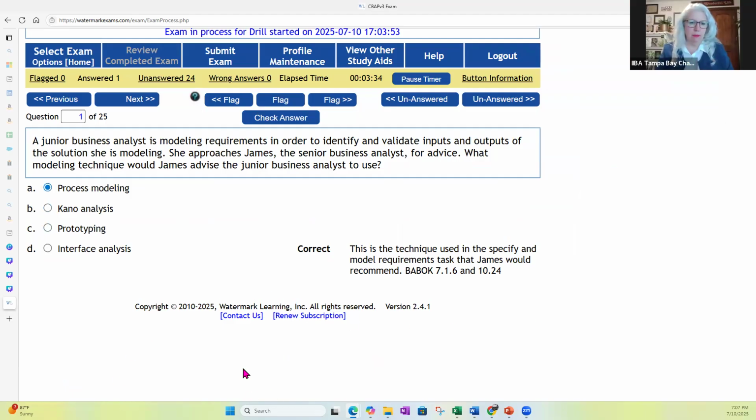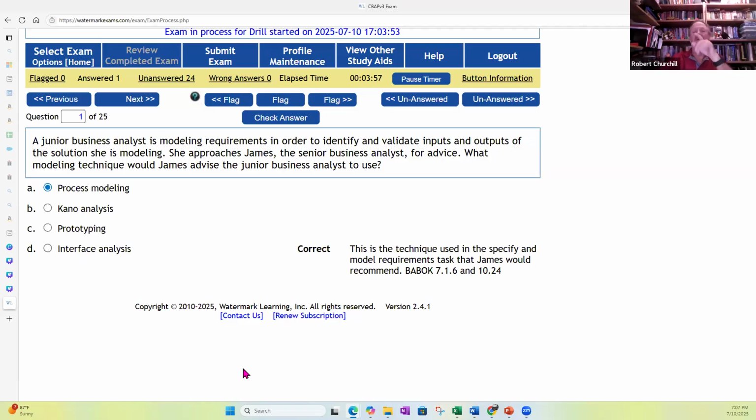Okay, so interface analysis is correct. It is a technique used in the specifying model requirements task. Any questions on this one? Interface analysis shows where the various subsystems fit together and where the system of interest interfaces with other things, and also includes user interfaces with people.